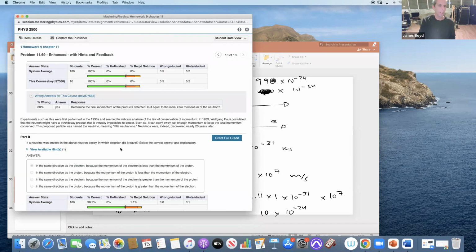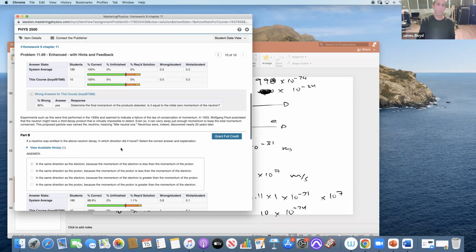I can't do that in the same direction as the electron, because the electron has less momentum than the proton.